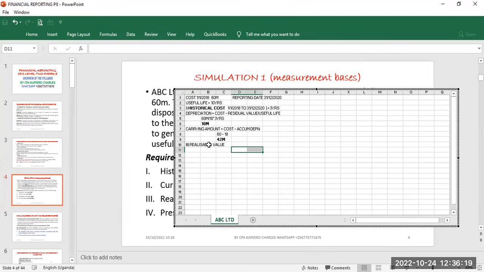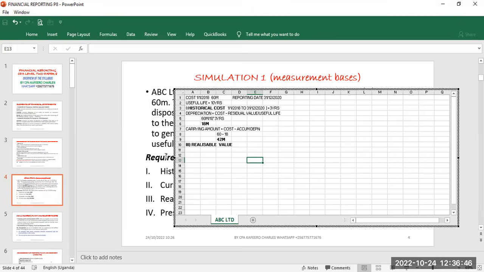That's why here they are asking for realizable. What we said with the realizable is that it's our estimated selling price minus the costs we are incurring to sell those assets.